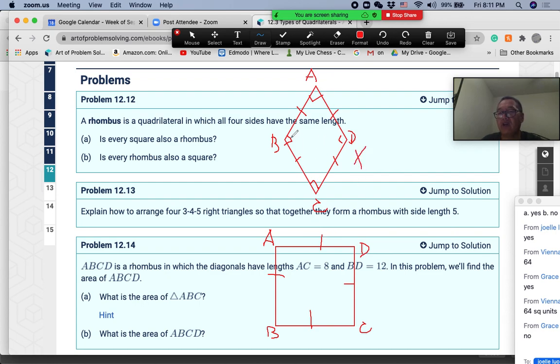For a general rhombus, the angles are not equal to 90 degrees. If their angles equal 90 degrees, then they will be a square. So only the rhombus with each angle equal to 90 degrees will be a square. For all other cases, they are not squares. Okay?